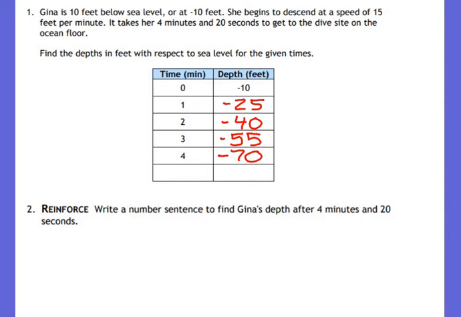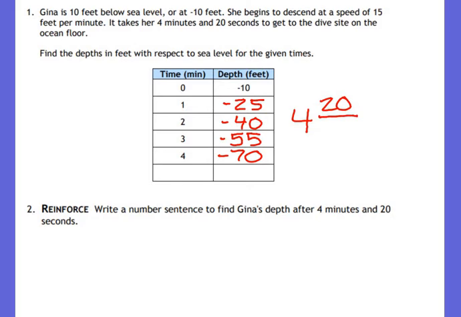But she said that it took her 4 minutes and 20 seconds to get to the dive site. This is only 4 minutes, and she's negative 70 feet below sea level. Has she made it to the dive site? 20 seconds left.